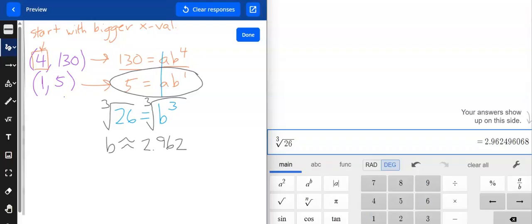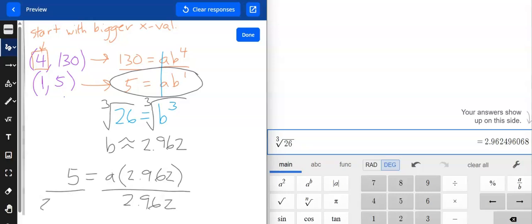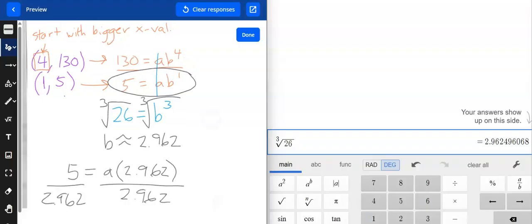Make your life simple as you can. Right? And then obviously you're just going to divide that to the other side. $1.688.